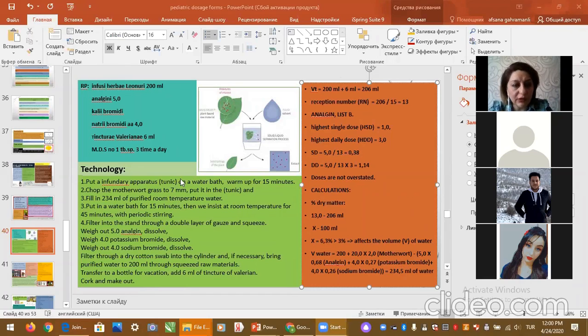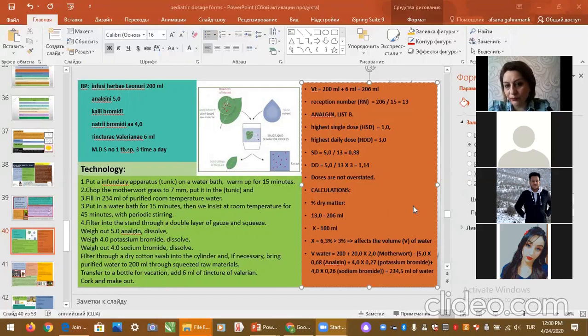In this prescription, you must calculate dry matter. What means dry matter? We take herbs, motherwort and valerian herbs, and for this we must calculate the percentage of dry matter too. How we calculate the percentage of dry matter? We learned it in the first semester when we learned how to make infusion.